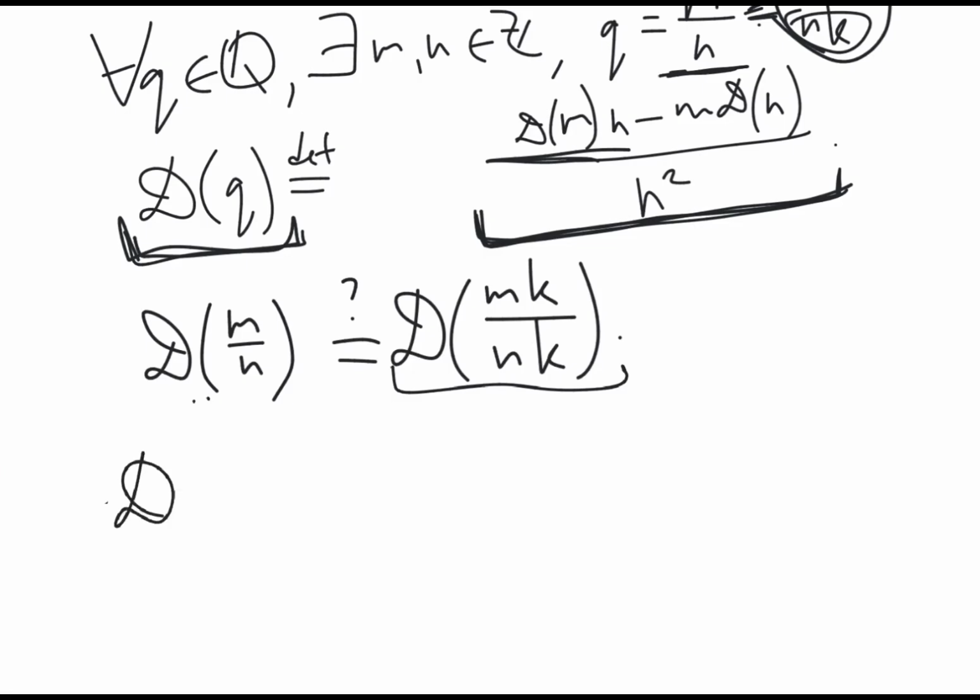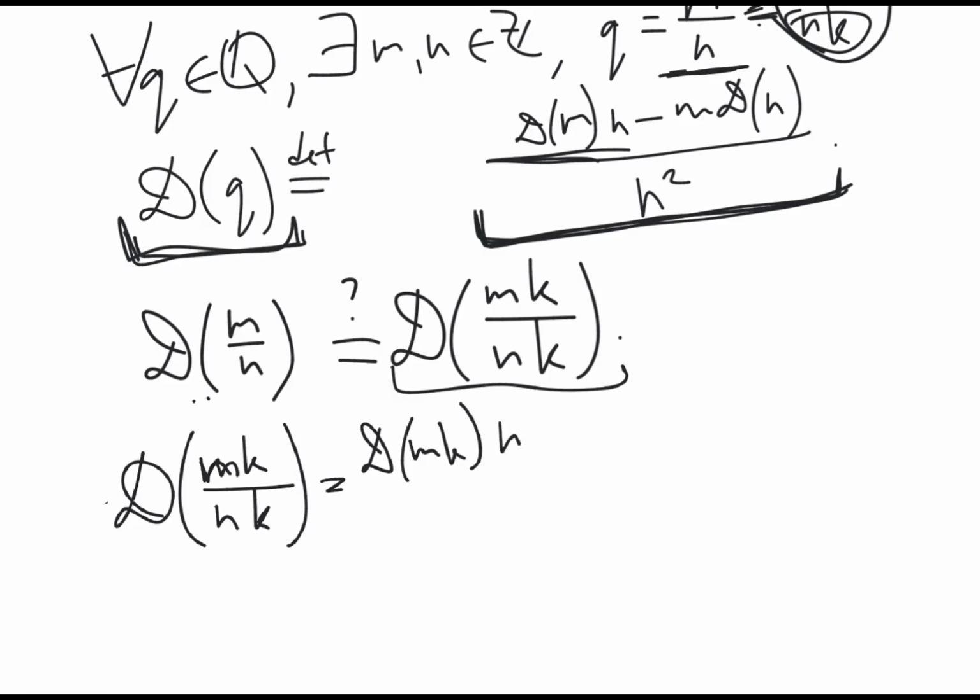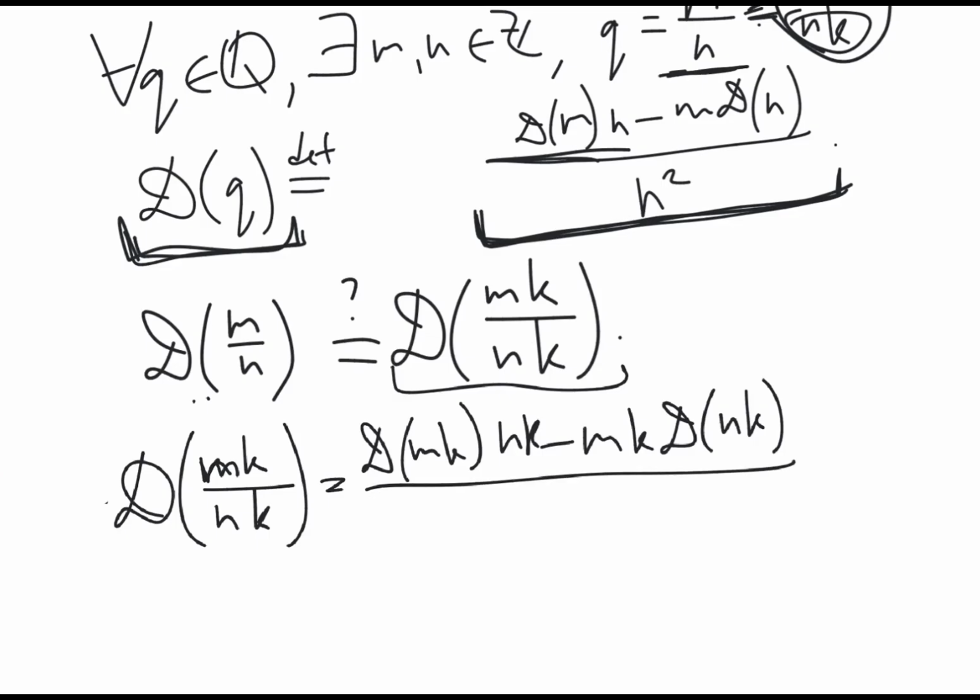So d of mk over nk is equal to d of mk times nk minus mk times d of nk, over n squared k squared, right?